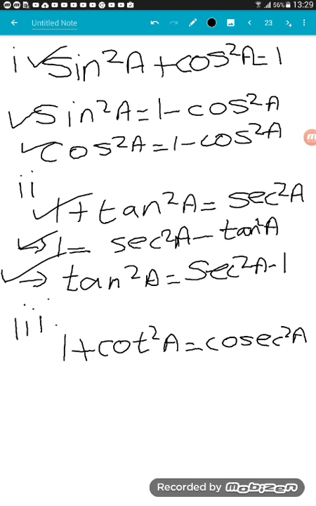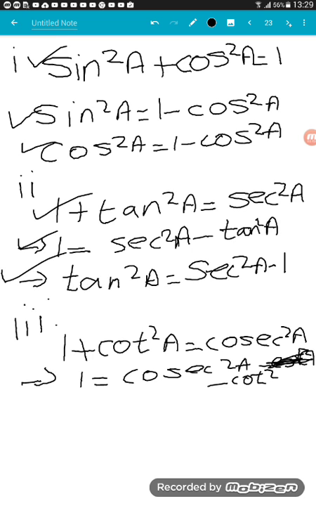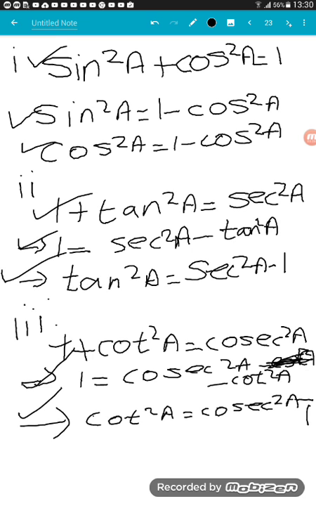The subdivisions are 1 equal to cosec square a minus cot square a, and cot square a equal to cosec square a minus 1. So these are the two subdivisions, and this is the third.